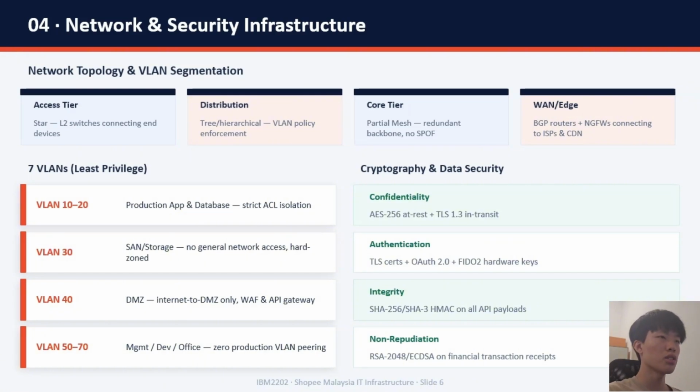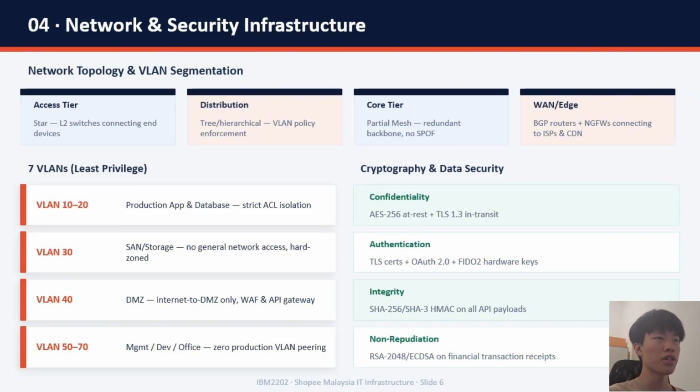For data security, we cover all 4 cryptographic goals. Confidentiality is provided by AES-256 at rest and TLS 1.3 in transit. Authentication uses TLS certificates, OAuth 2.0, and FIDO2 hardware security keys for admin access.